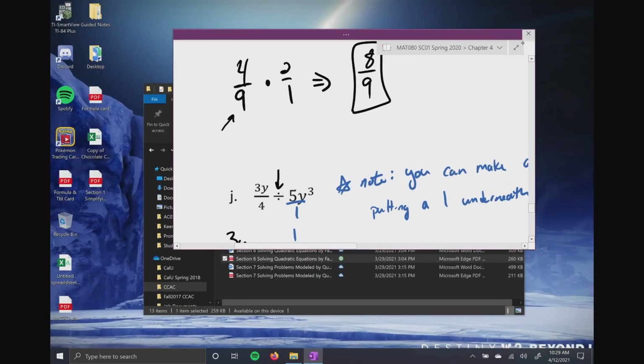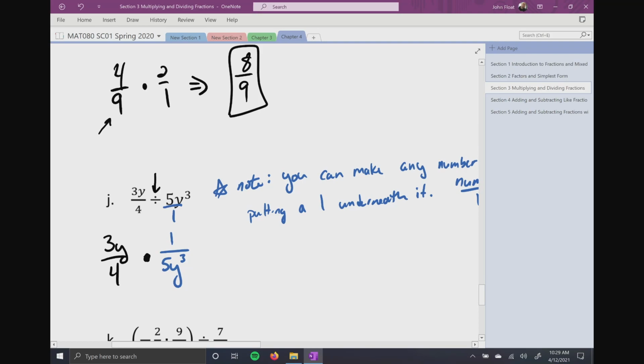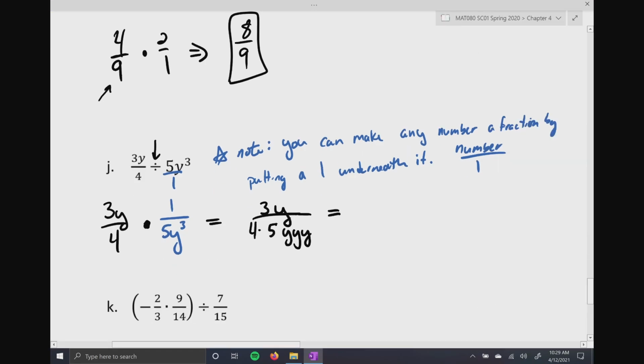So from here, let's just go ahead and try to simplify if we can. So in the numerator, I get 3y. In my denominator, I'm going to get 4 times 5. And then I'm going to write 3 y's, because y to the third means y times y times y.